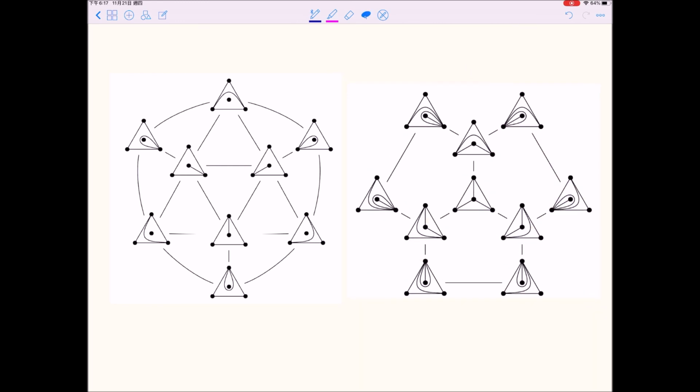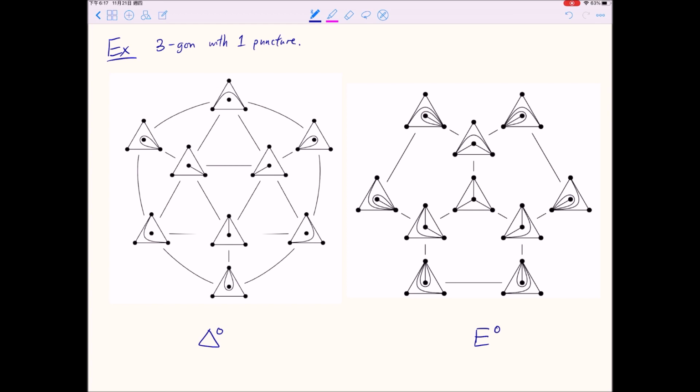Right, so this is an example for a triangle with one puncture. This will be the arc complex, and this will be the dual graph.